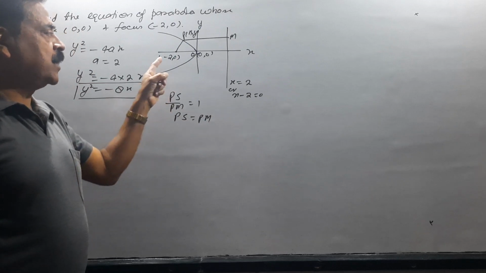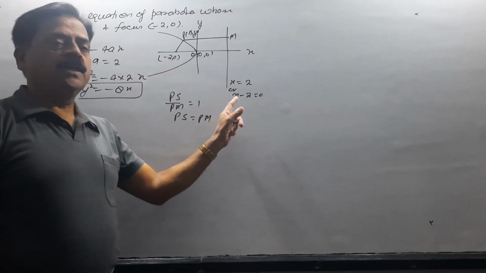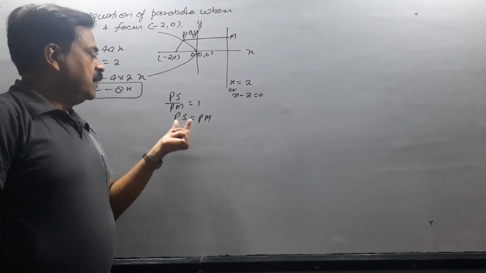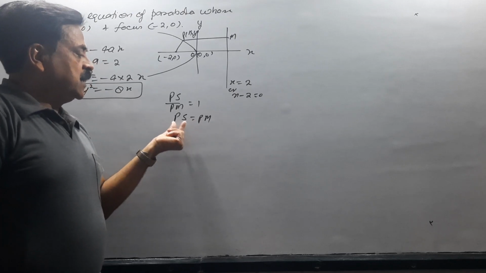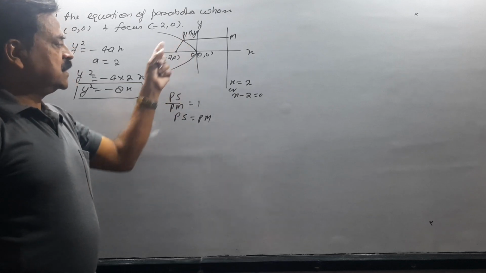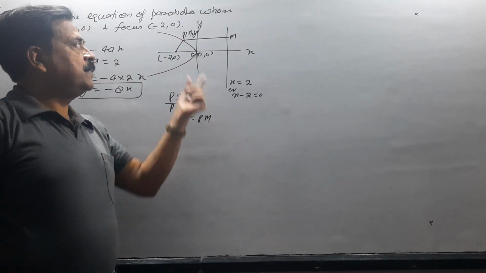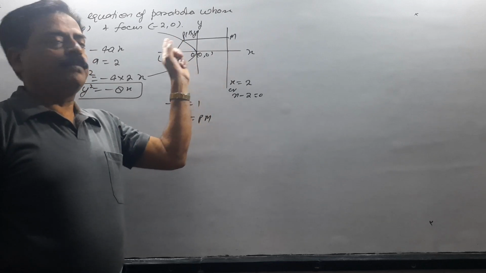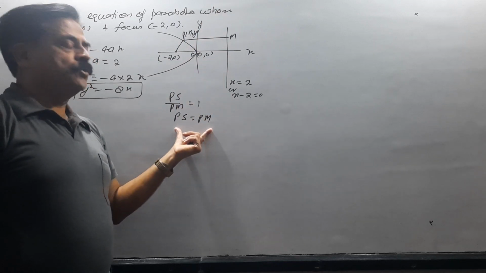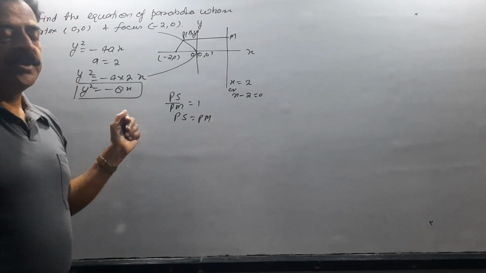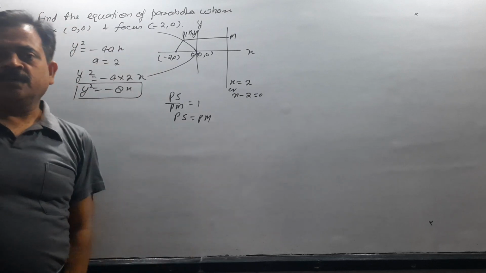Number one, coordinates of focus, and second, the equation of directrix, and substitute the values in this form. PS is this distance, for this we use distance formula, and PM is the perpendicular distance from point P to directrix. Substitute in this and solve it, we will get the same equation of parabola. So this is the solution of this question. Thank you.